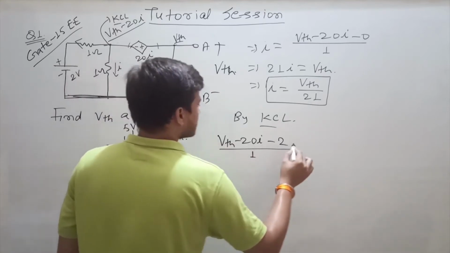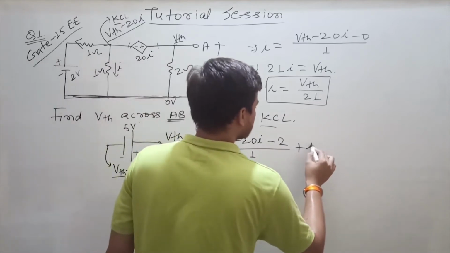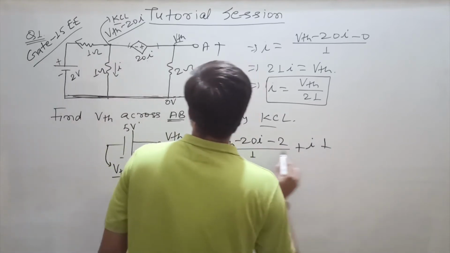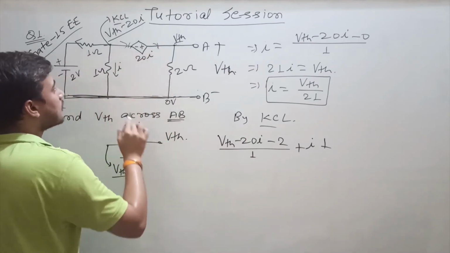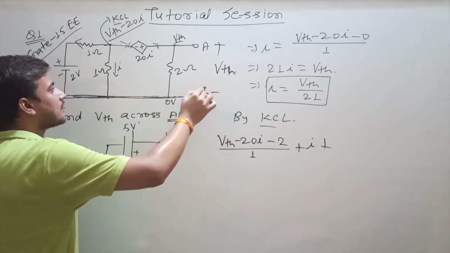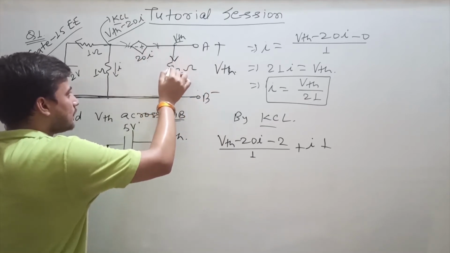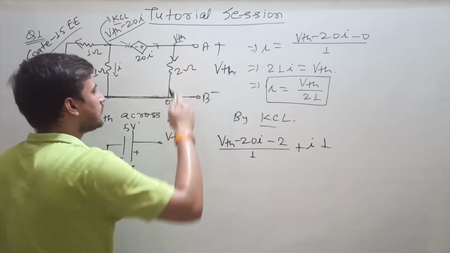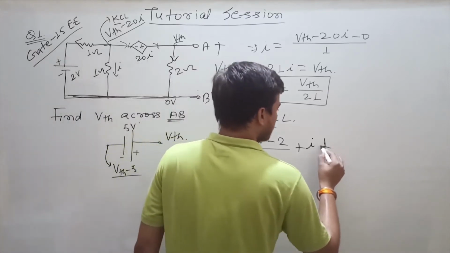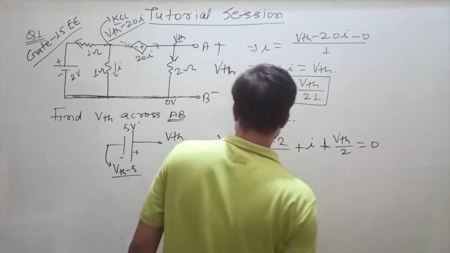1, plus this current, which is I. Let us write I plus. Now we have to write this current. You cannot calculate current here, but you know this is the open circuited terminal. So the current coming out from this battery will be flowing through this 2 ohm resistor. So here the current is VTH divided by 2, plus VTH divided by 2, will be equal to 0.